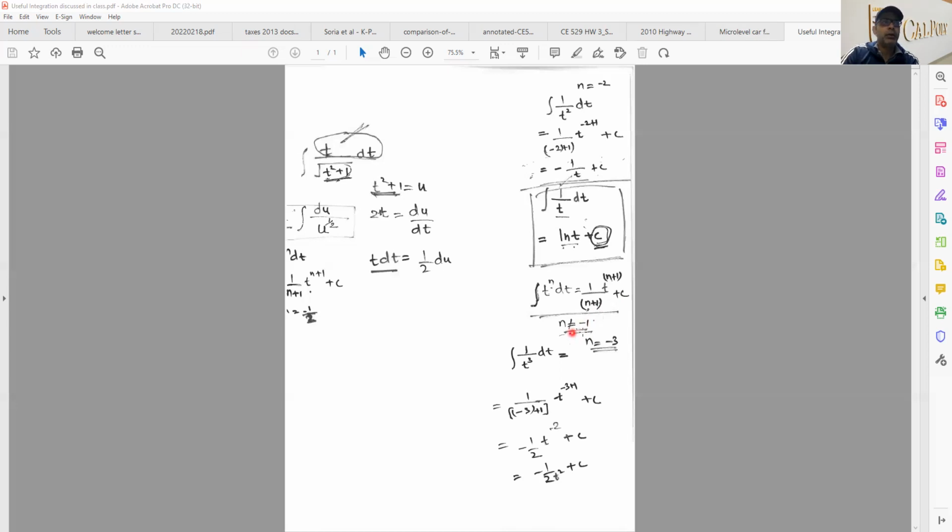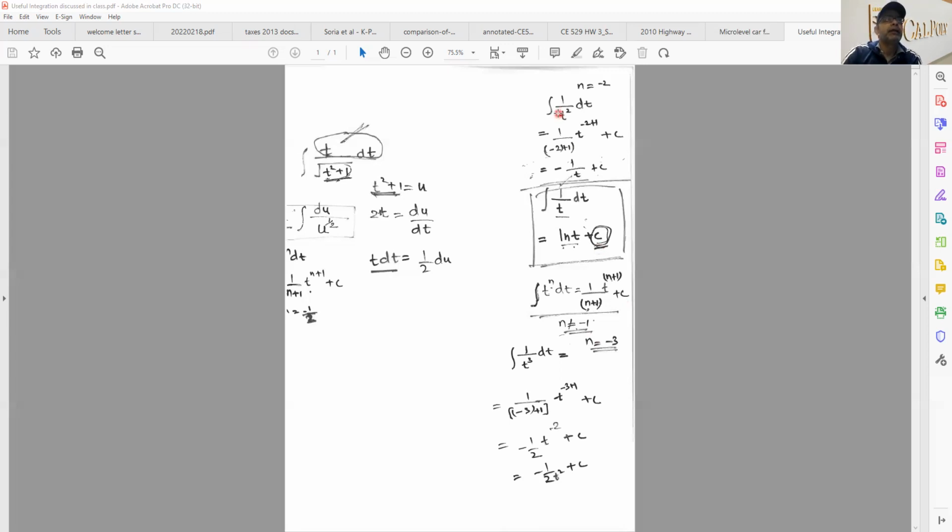And as I said, n cannot be -1. So what happens when n is -1? Then that becomes 1 over t dt, and the integral of that is natural log of t plus c, again c being that constant, because the differentiation of that number with respect to t would be 0.